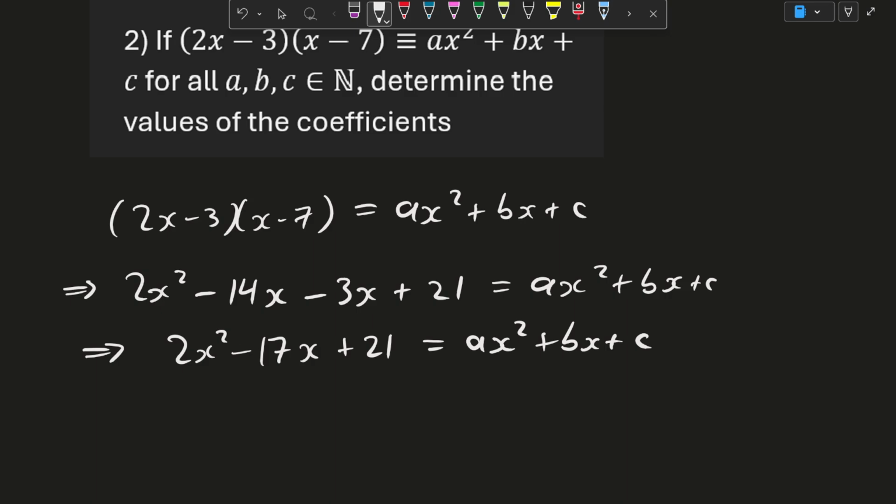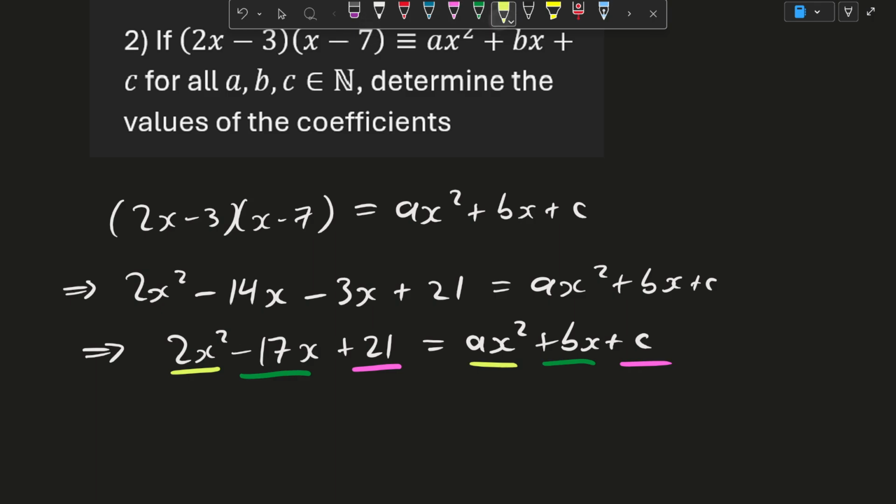Now note, if these are the same, then the amount of x squareds on the left have to equal the amount of x squareds on the right. The amount of x's on the left have to be the same as the x's on the right, and the constants have to be the same on either side as well. Okay?